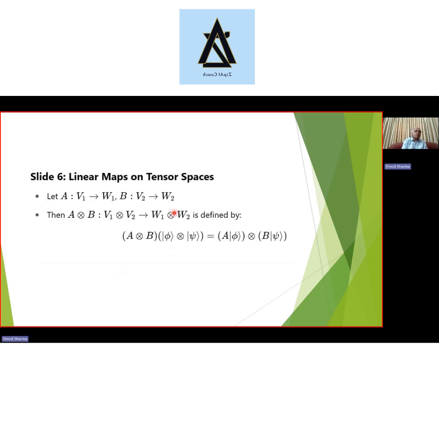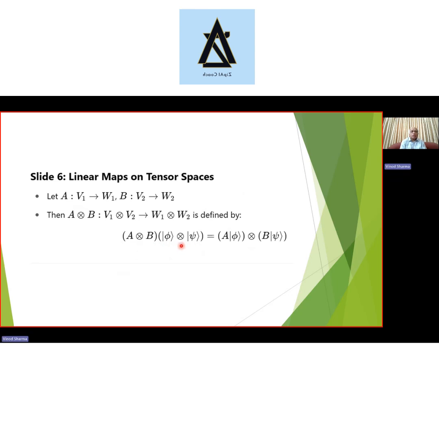Linear maps. If A is a linear map from V1 to W1, and B is a linear map from V2 to W2, then we can define a tensor product of maps A and B to be a linear map from the tensor product of V1 and V2 to the tensor product of W1 and W2, and it is defined as follows. A tensor B operates on the element phi tensor psi.